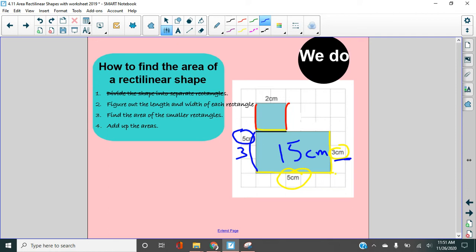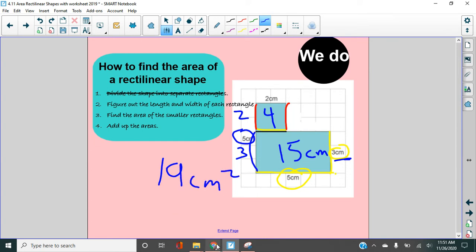This whole thing all the way was 5. This part was 3. So this part has to be 2 centimeters. 2 times 2 is 4. What do I do with my parts? I add them together. And how much do you get? You get 19 centimeters squared.